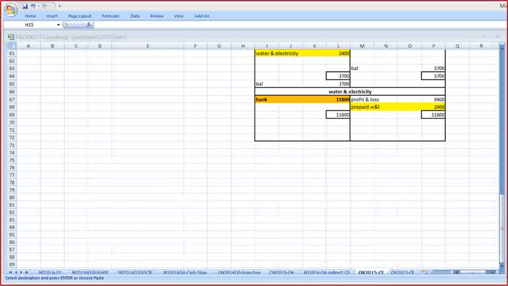Then that's going to be 0. So it's just going to be 1,249.